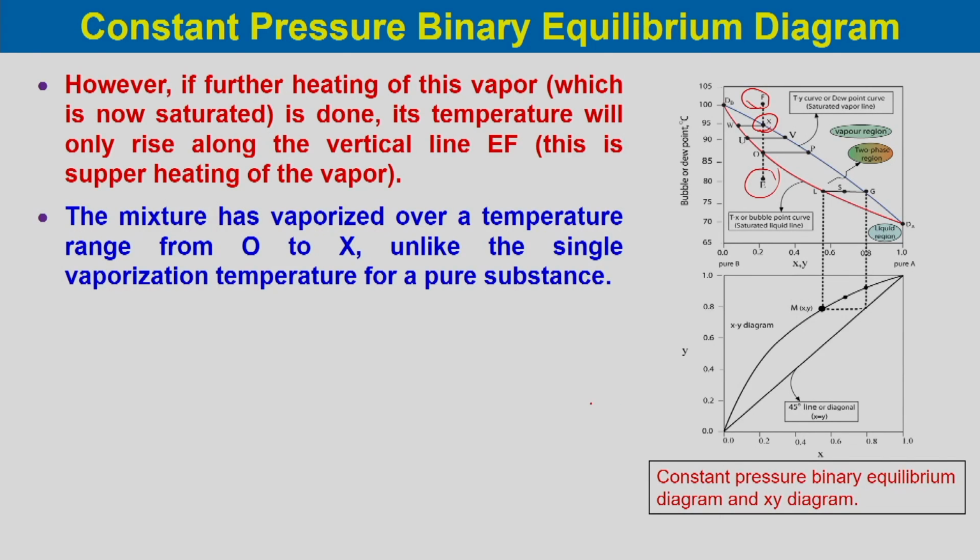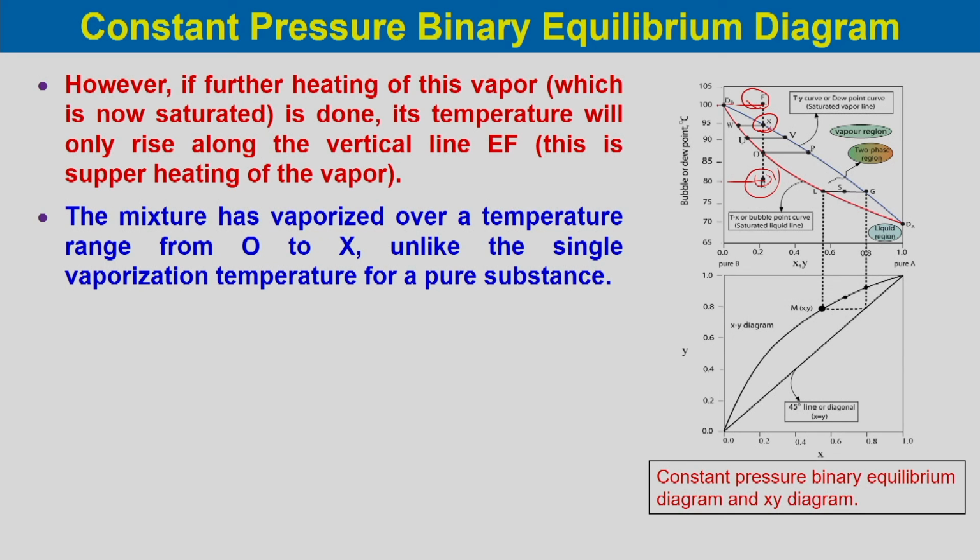The mixture has vaporized, as you can see, over a temperature range. Starting from this temperature over here at, say, close to 80 degrees, it vaporized up to this location and then was heated up to, say, 100 degrees centigrade.